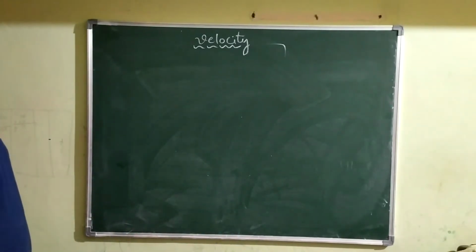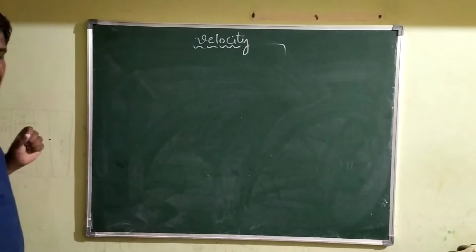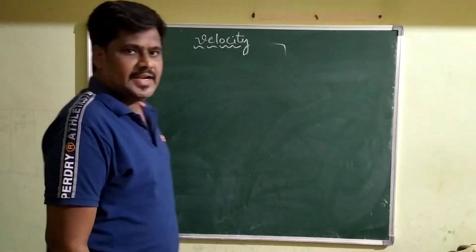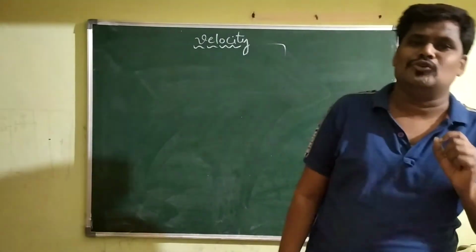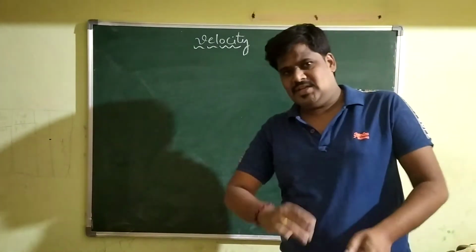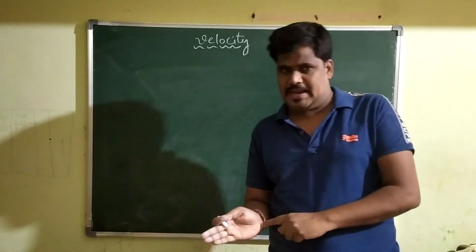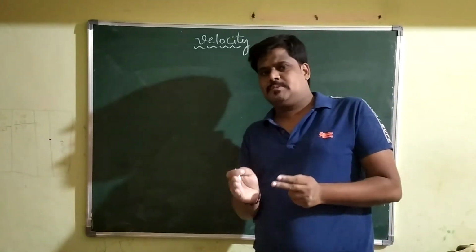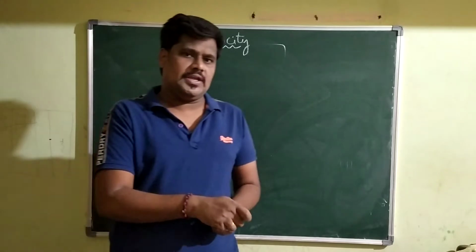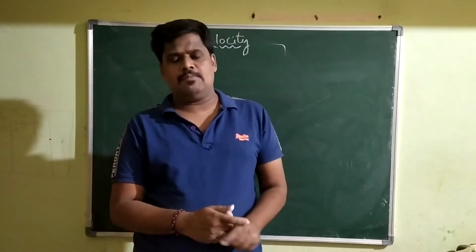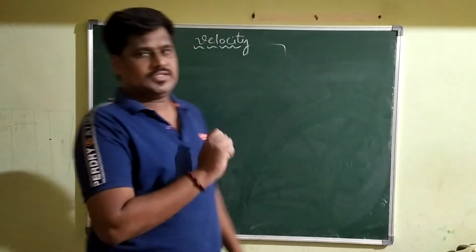Therefore, what is velocity? The velocity is defined as displacement of a body per unit time. Means in a given interval of time, how much displacement the body is covering, the displacement of a body in a given interval of time, we will call it a velocity.